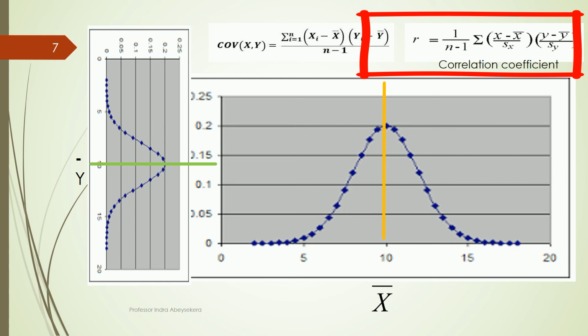Once we have standardized the two, we divide the product of the two by the degrees of freedom, or n minus 1, and that gives us the correlation coefficient denoted by a little r.